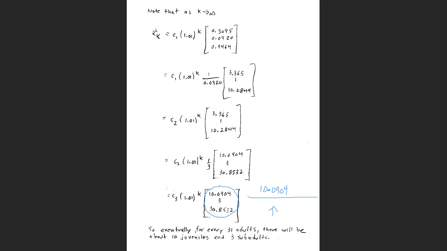We ought to be able to use this vector, just like we used it to get the eventual ratios between the juveniles, subadults, and adults.